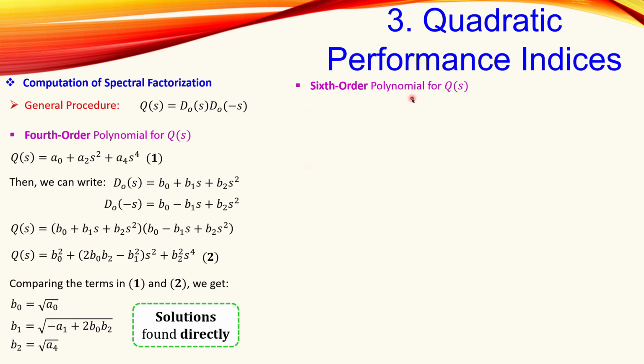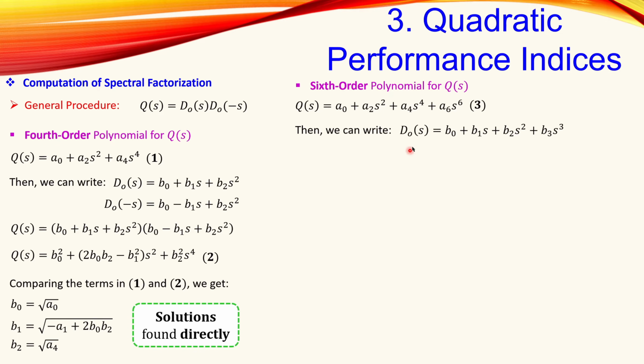So this is straightforward business. But for the 6th order or higher order polynomials for Q, the calculation is a little bit different. So we have the 6th order here: a0 plus a2 s squared plus a4 s to the power 4 and a6 s to the power 6.